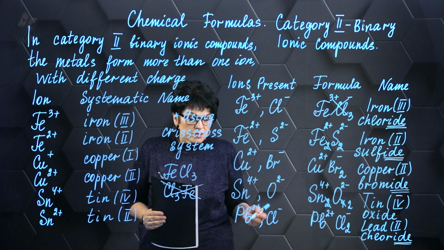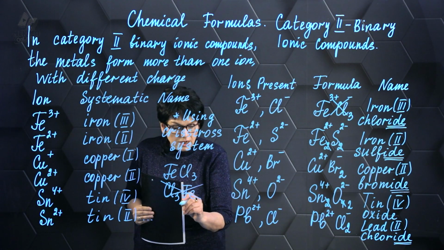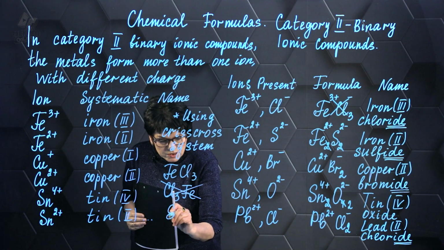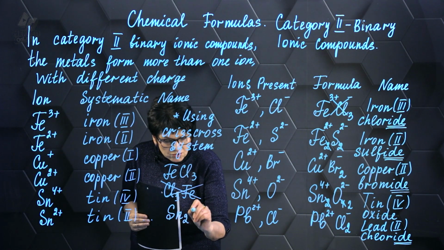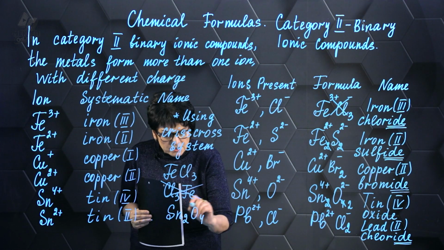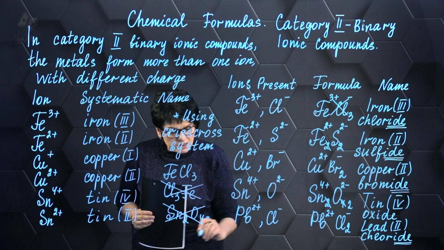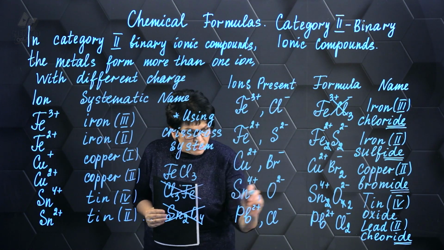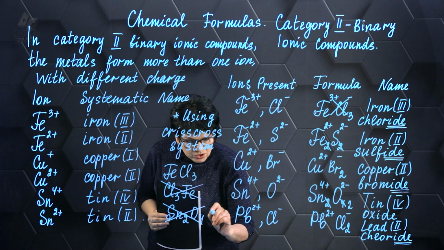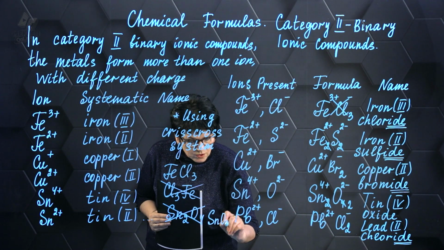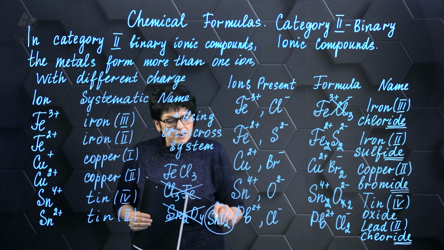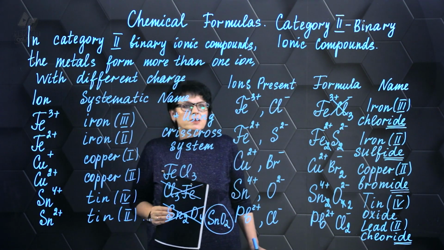It's impossible to write, for example, the formula leaving the indices as we got them initially, like 2 and 4. That formula is not accurate or valid. Then the correct formula should only be Sn O 2, this will be correct. All other options will be considered wrong.